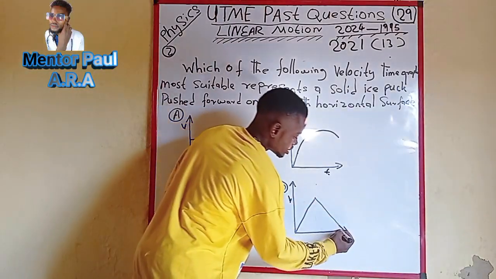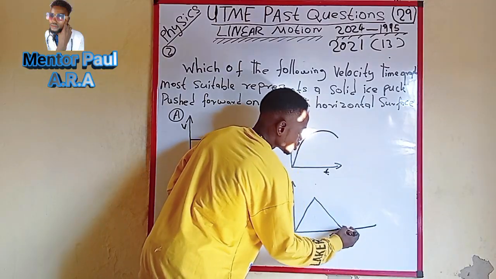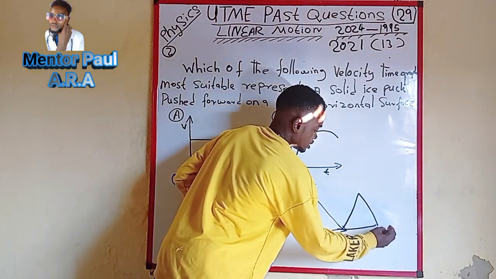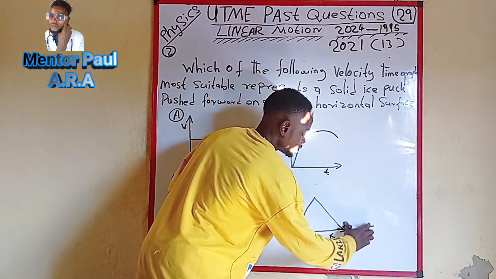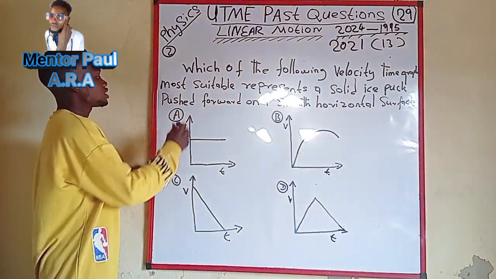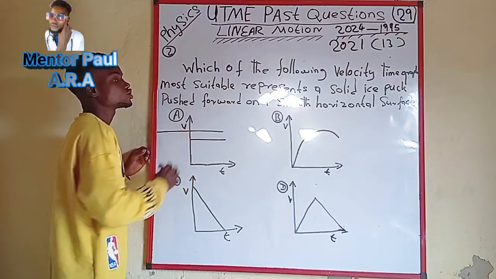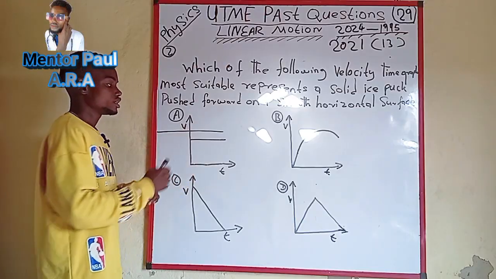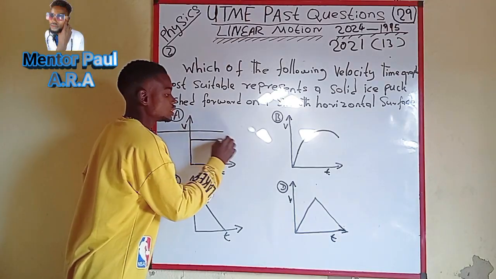If I should make this graph longer, you're going to see it accelerate again and decelerate. So this is an object on a lift between 2 floors. The correct answer is option D. When something is moving horizontally, the graph is going to be a straight line.